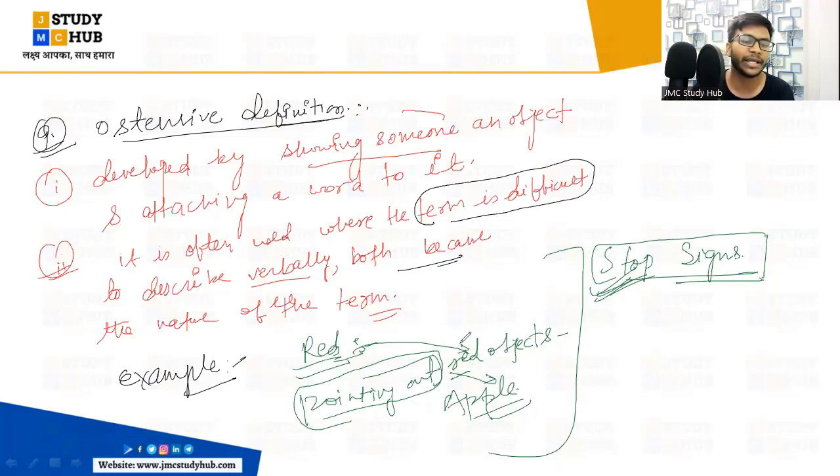The word is attached to the object, but we could not describe it verbally, so we point out. This is what the stop sign is, an example of the ostensive definition. Is it clear, everybody?